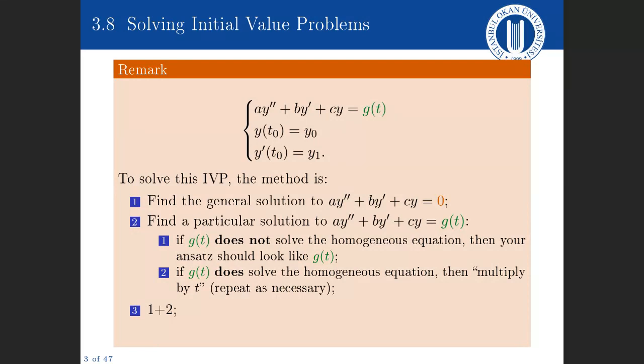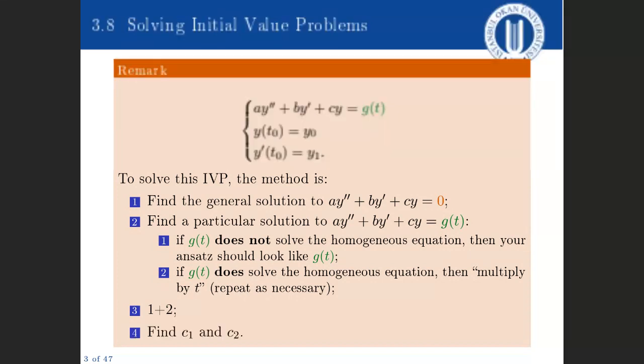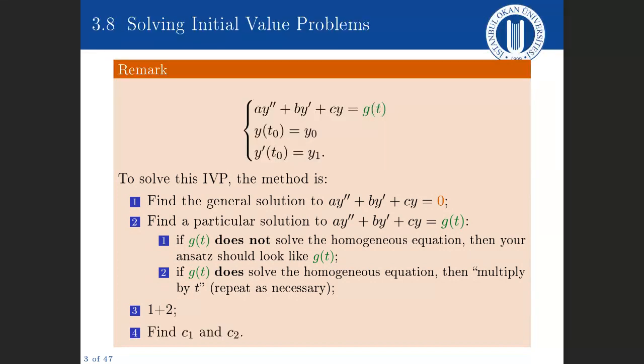The general solution to the homogeneous equation plus a particular solution to the non-homogeneous equation gives us the general solution to the non-homogeneous equation. And then finally in step 4, we find the constants in the general solution, the C1 and C2, so that we can satisfy the initial conditions.